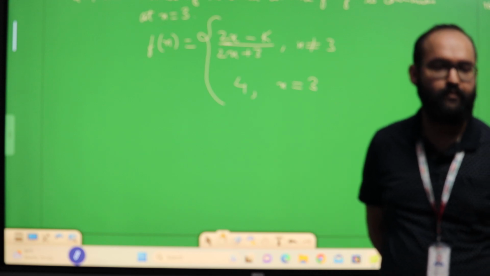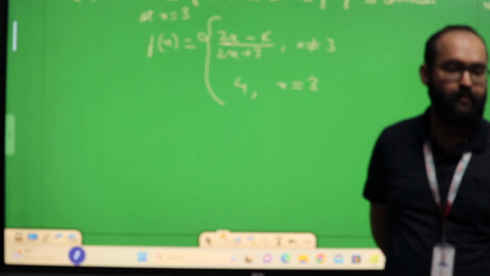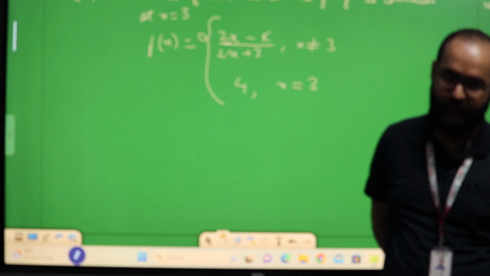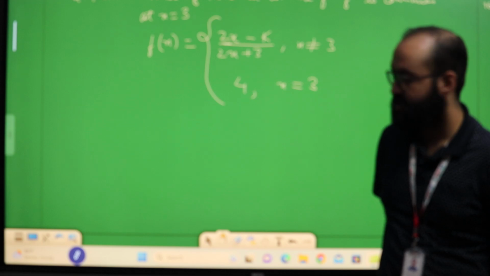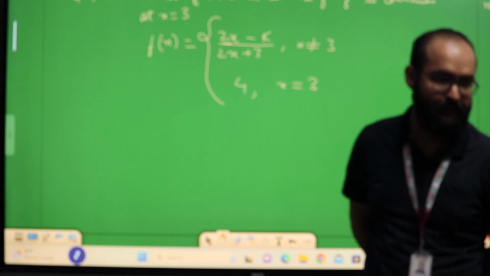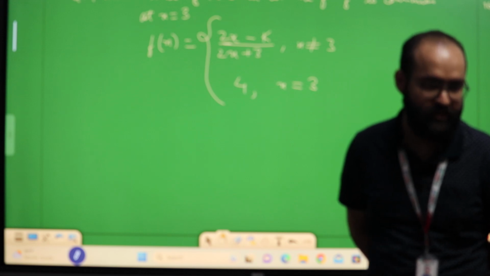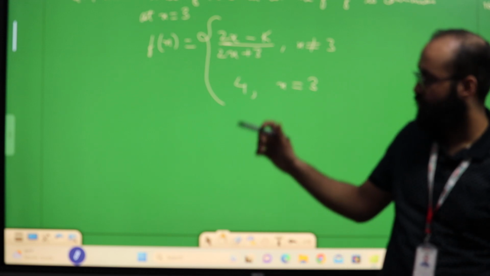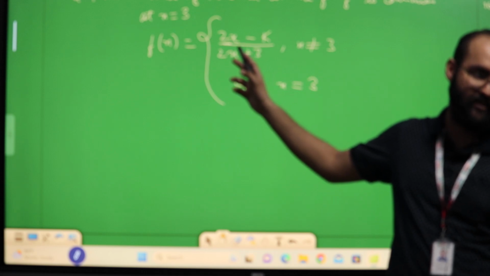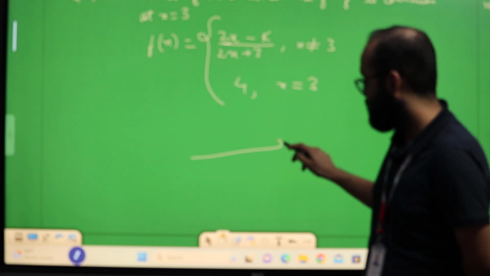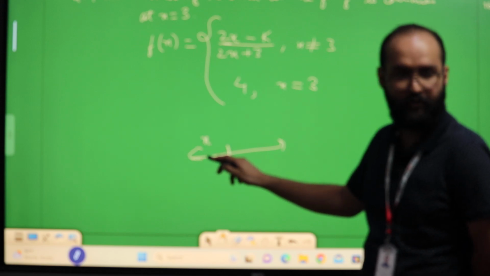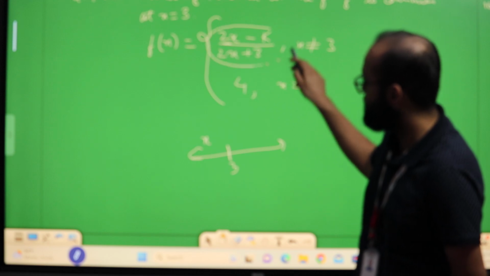So, tell me one thing. In this, the given function is f, isn't it? Now, is it defined in a separate way on the left of 3 or right of 3? No. If x is equal to 3, there is a definition. But if x is not equal to 3, there is a single definition. That means when x is on the left of 3, it will follow this definition.